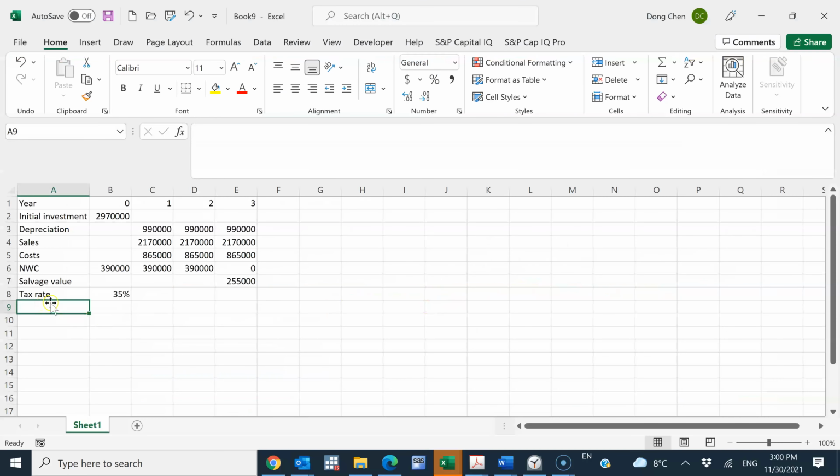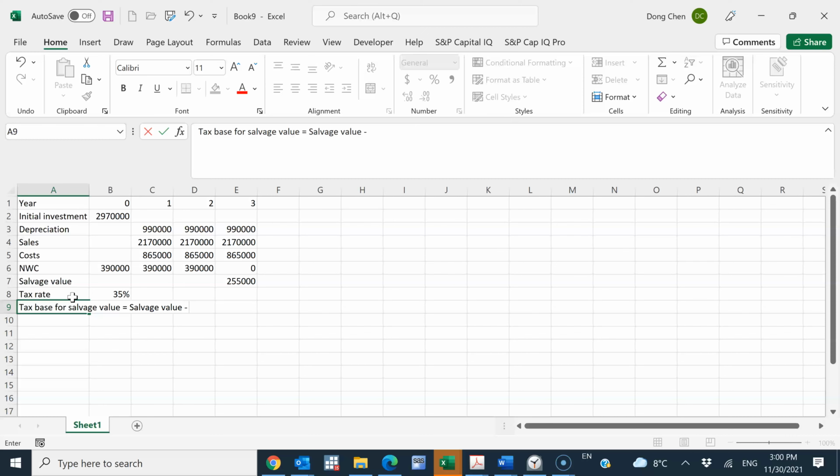So going back to calculating the after-tax salvage value, in order to calculate that, we need to understand the tax base for salvage value. This refers to the salvage value, which is basically what the firm gets from selling the asset on the market.